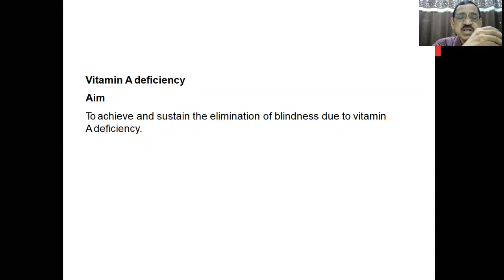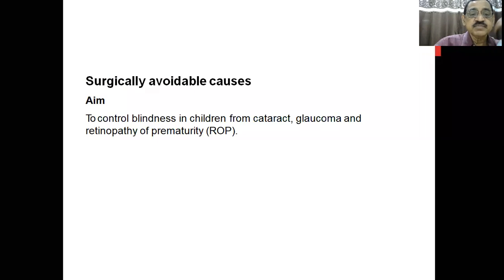So the aim of reducing vitamin A deficiency is to achieve and sustain the elimination of blindness due to vitamin A deficiency. Surgically avoidable causes of blindness in children are congenital cataract, congenital glaucoma, and retinopathy of prematurity, which occurs in premature children who were given oxygenation.